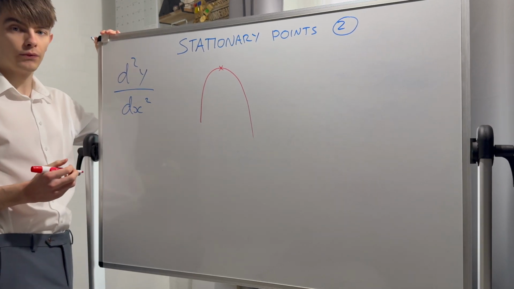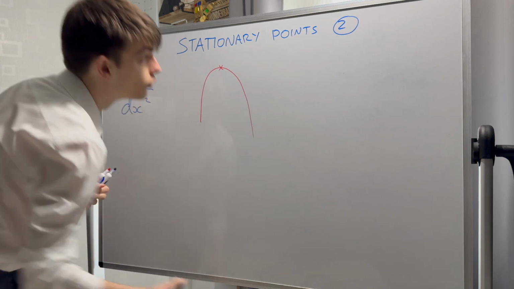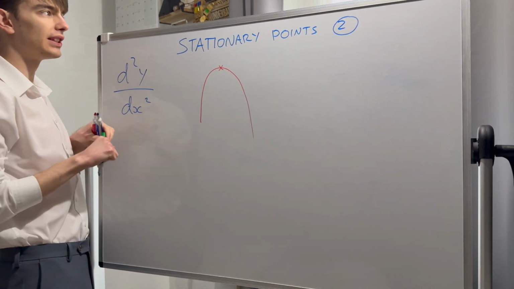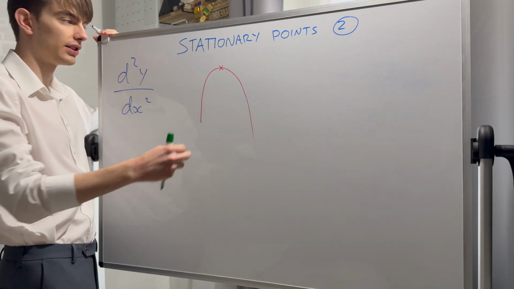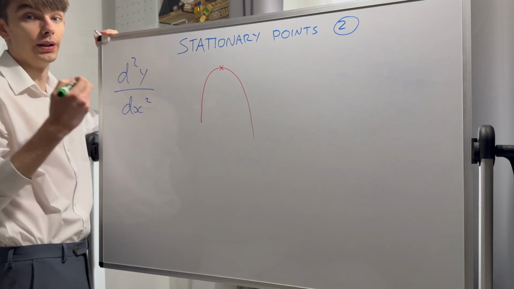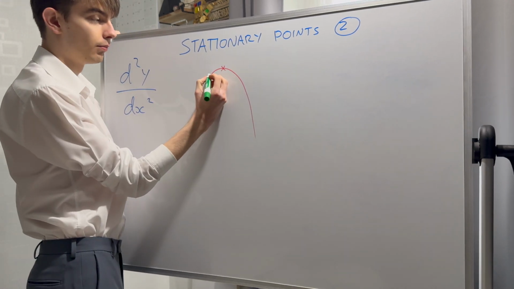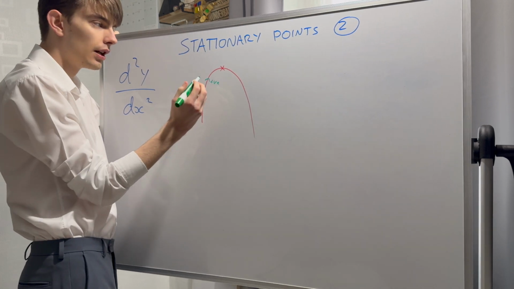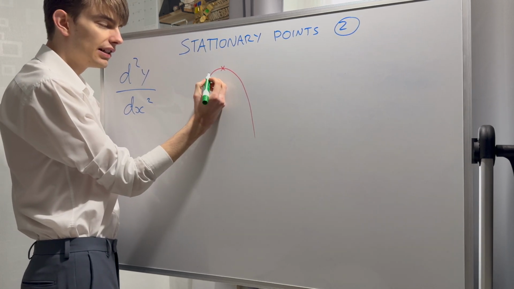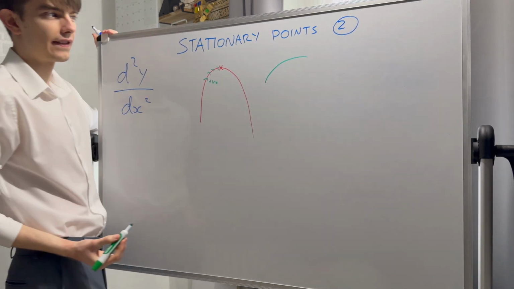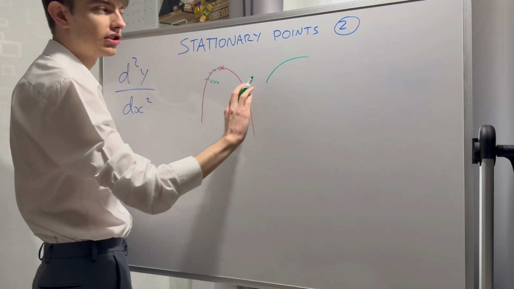Now let's zoom in. What is happening to the gradients just before and just after? And remember, this was the whole concept of what we were doing in the last video with calculating the gradient before and after. But what's happening to it? Well, here, my gradient is positive, right? We're going up. And it's slowly getting shallower. If I zoom in, the gradient is slowly getting shallower.